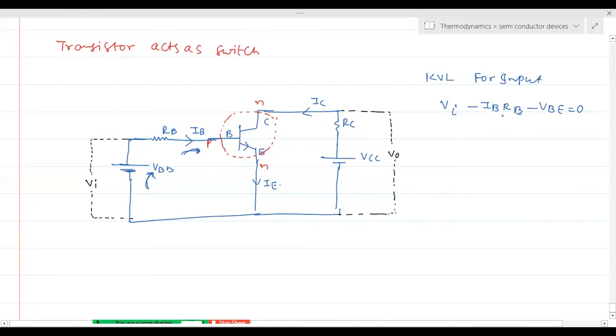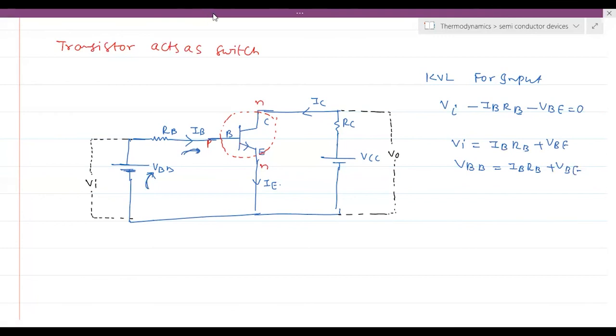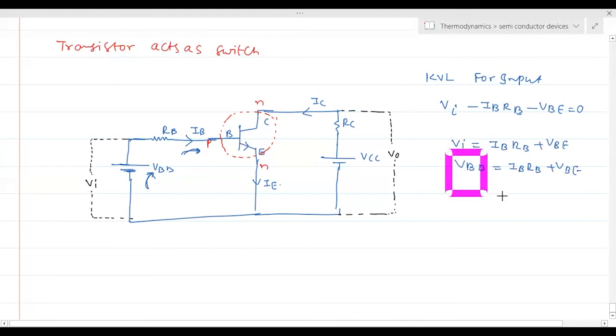The remaining voltage will be dropped across base and emitter, so that's why I'm taking VBE. Therefore V input equals IBRB plus VBE, or else you can write VBB equals IBRB plus VBE. No problem. This is very, very important and famous. This is VBB.